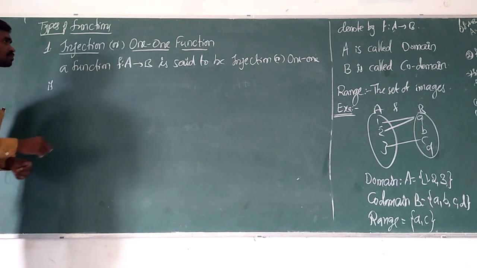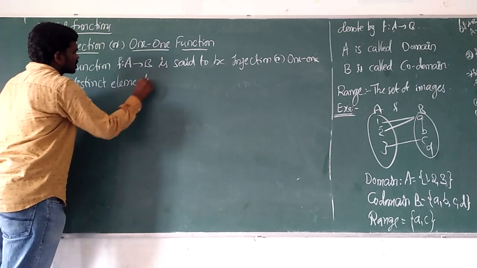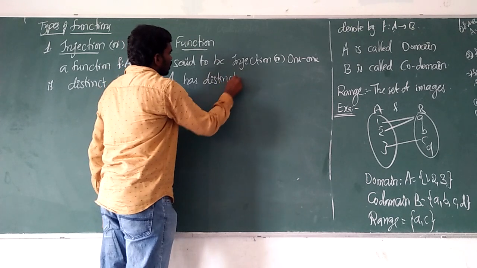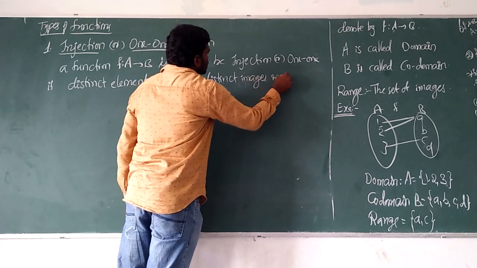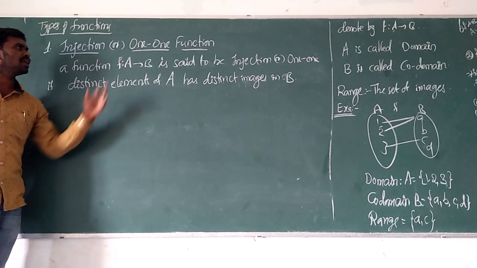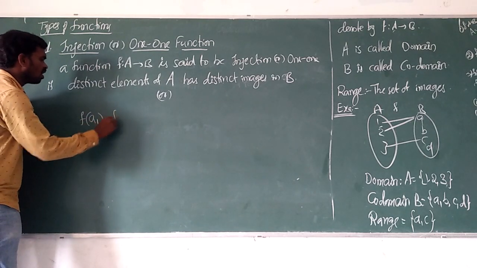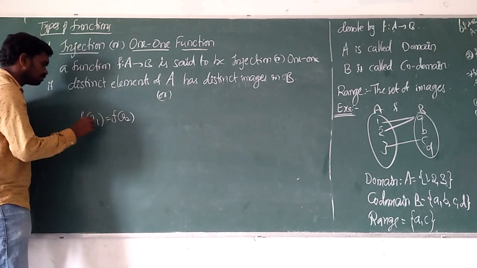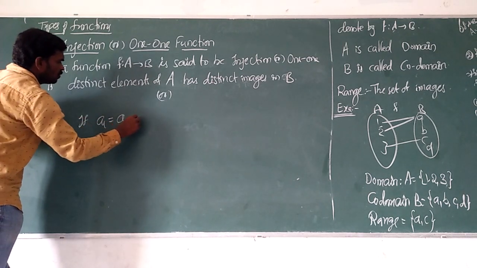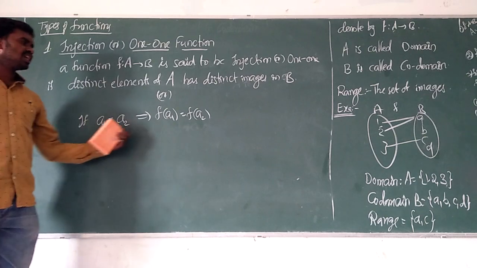The condition is that distinct elements of set A have distinct images in set B. Then we can say that is an injection from A to B. Or, if small a1 equal to small a2, that implies f of a1 equal to f of a2. Then we can say f is a 1-1 function.